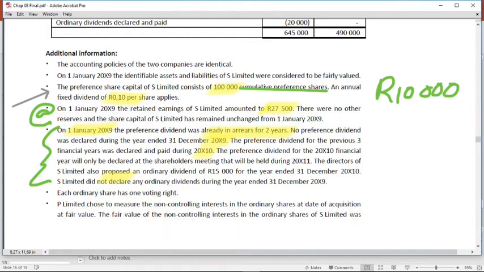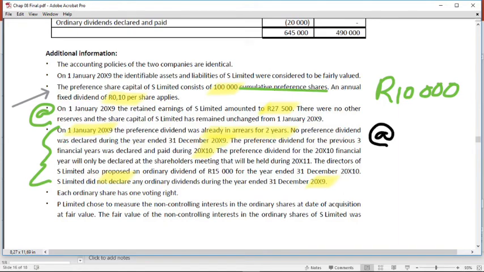S Limited did not declare any ordinary dividends during the year ended 31 December X9, but that is obvious because if a preference dividend was not declared in X9, there could also not have been an ordinary dividend declared in X9. So what's important to gather from this paragraph is the following.